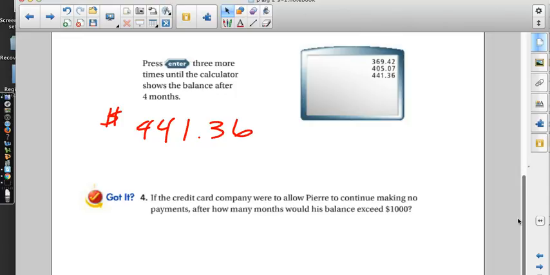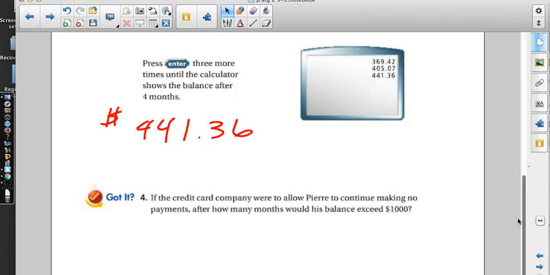Now, the ones that accountants use usually will have paper attached to them so that they can show whoever needs them exactly what they owe. If the credit card company were to allow Pierre to continue making no payments, after how many months would his balance exceed $1,000? Remember, he started with $300 in that account.